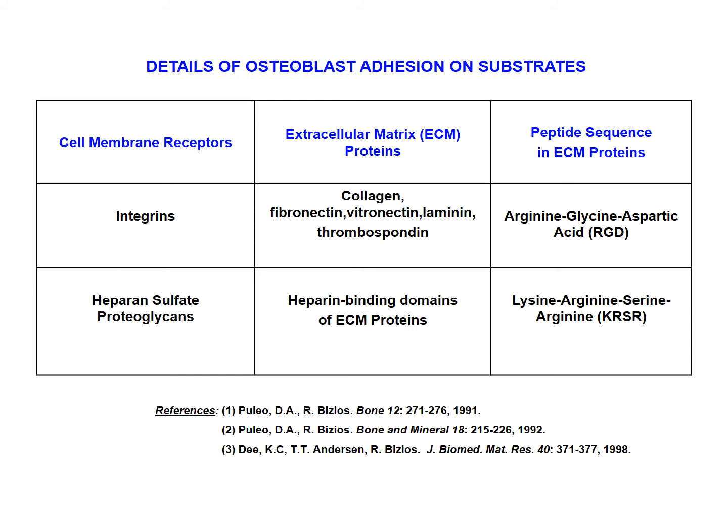There was another mechanism which accounted for approximately another 45-50% of the underlying mechanism. And this mechanism involved receptors which are called heparan sulfate proteoglycans, which recognize different domains on the extracellular matrices. And these domains are called heparin binding domains. One amino acid sequence which describes this particular domain is lysine arginine serine arginine, abbreviated KRSR.